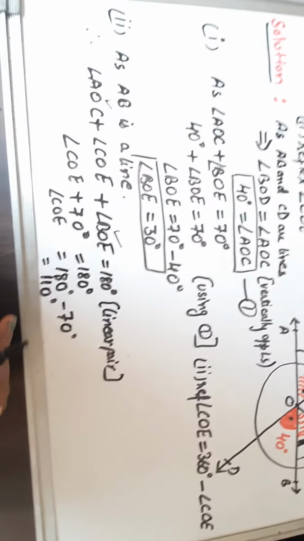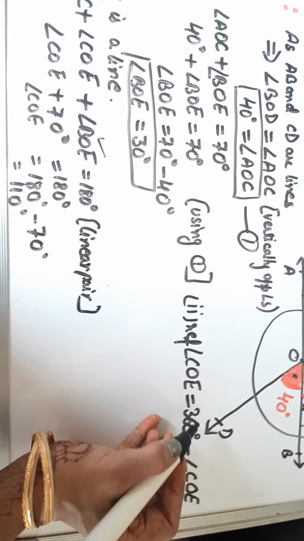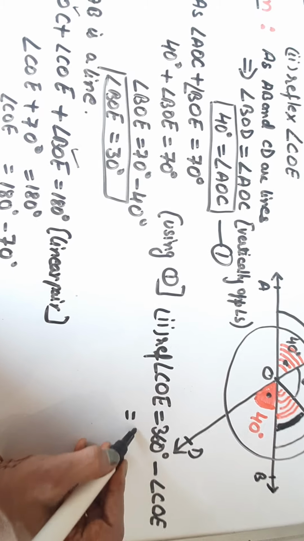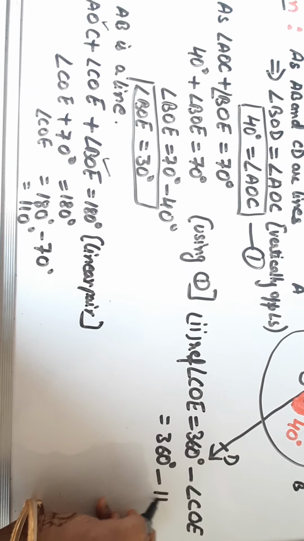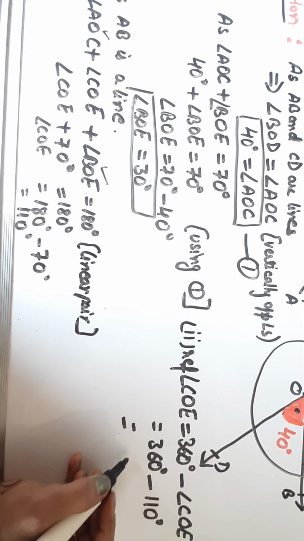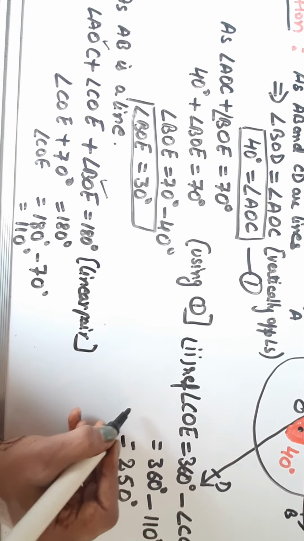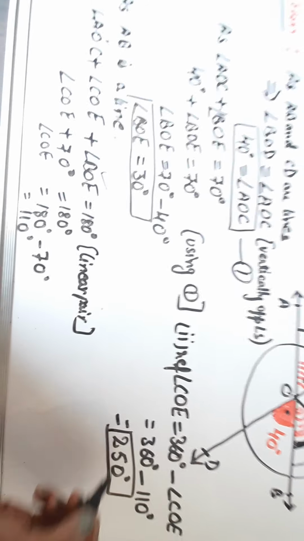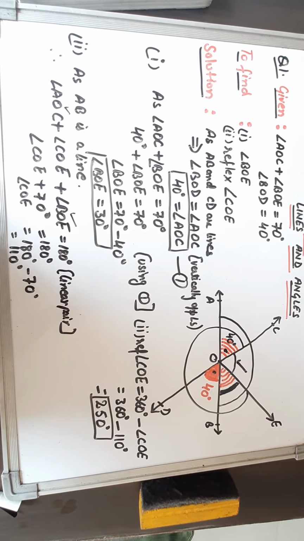So here we will get angle COE. Now let us find out reflex angle COE. तो वो आपको बताया था, 360 में से माइनस कर देंगे. 360 degree minus angle COE, which is 110. So reflex angle COE will be 250 degree. So this will be the answer to our second part. So I hope it is clear to you.